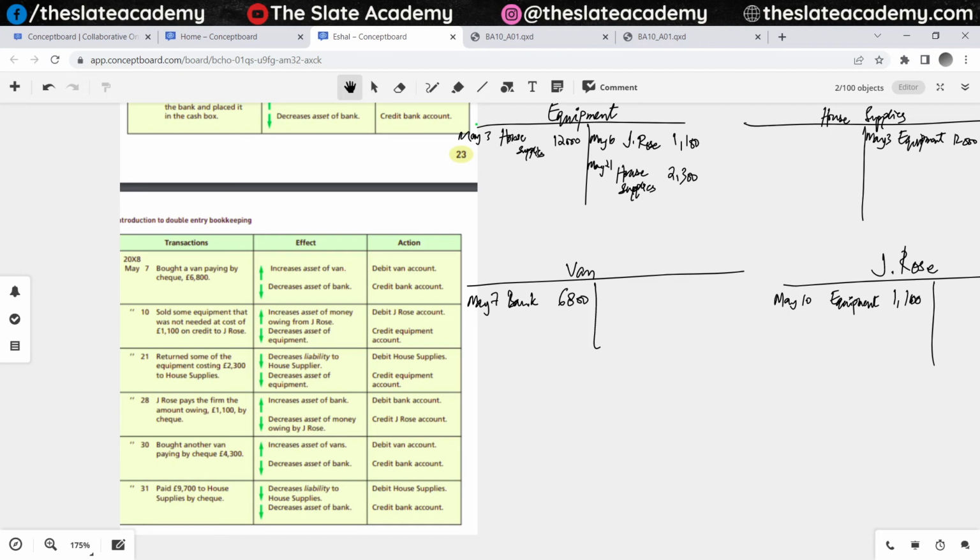And house supplies would be debited 2,300. Why? Because of equipment again, and the date is May 21. No questions?